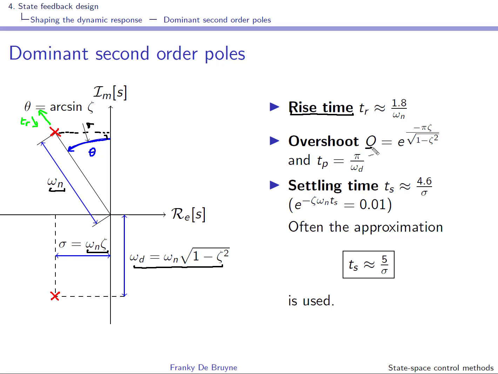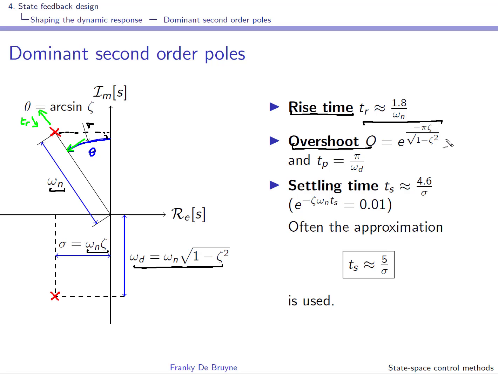If you look at the overshoot, the expression is given over here, and you can see that when theta is moving in this direction over here, so if you push this down, then zeta will become closer and closer to 1, and if you put a zeta here that is closer and closer to 1, because of this 1 minus zeta square, you'll have the exponential of something minus something that is large, so this will go to an overshoot of 0.